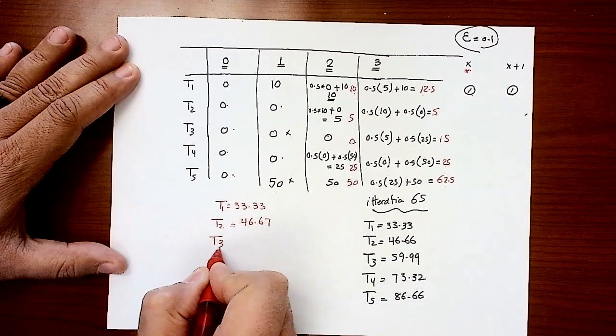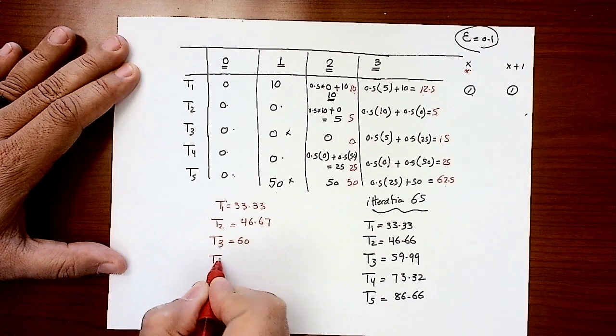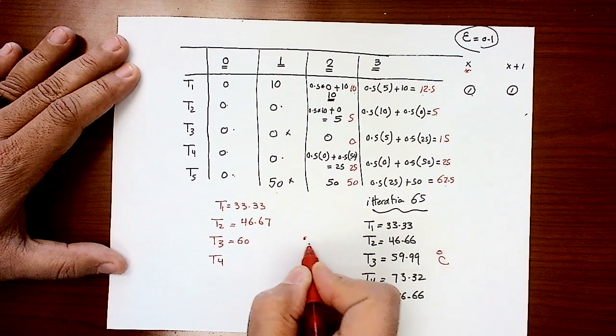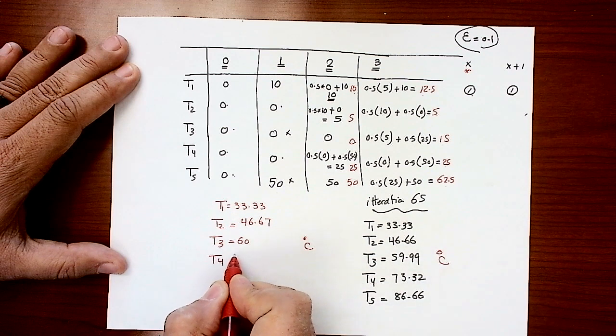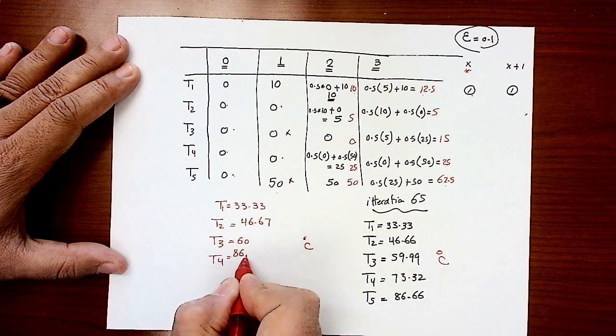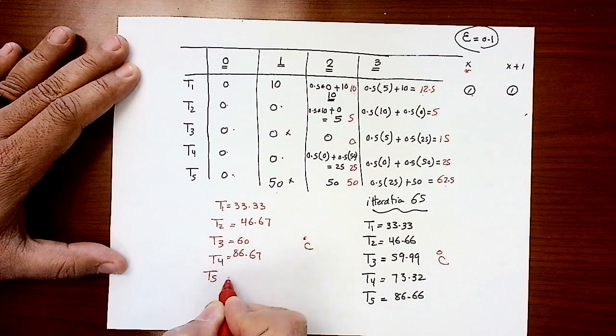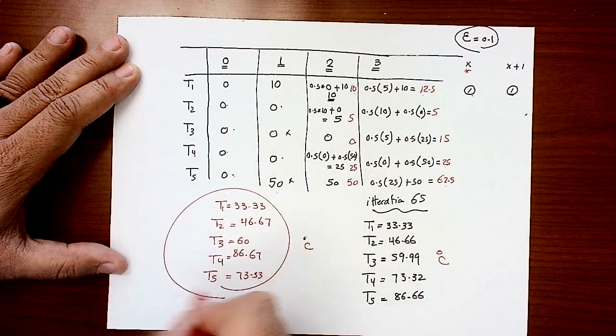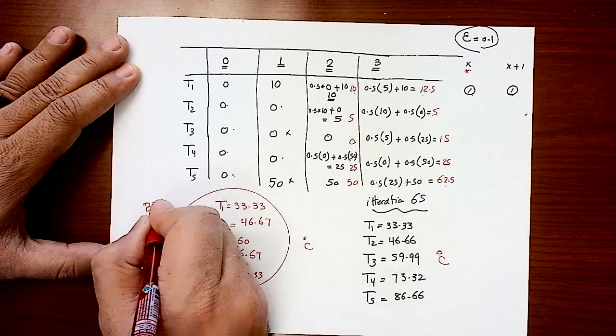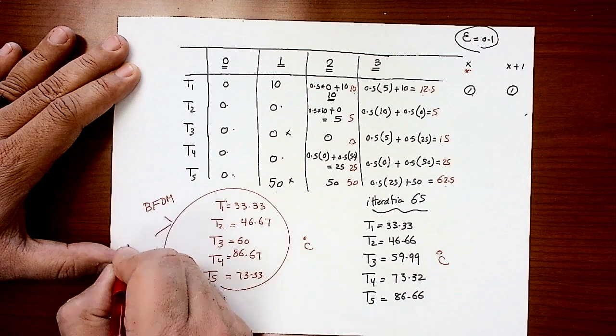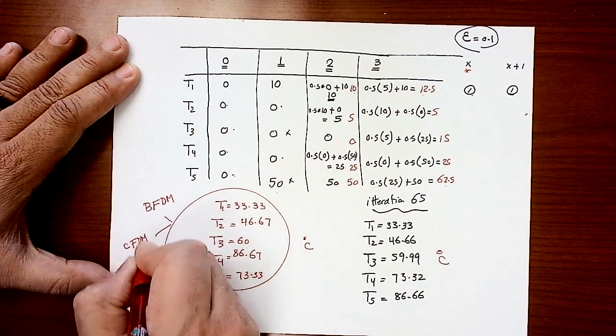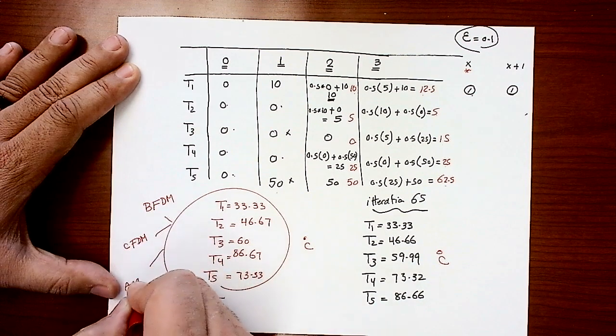We got T3, 60. We got T4, 73.33. We got T5 equal to 86.67. These are in degrees C. This is from either the backward finite difference method, the central finite difference method, or the analytical solution.